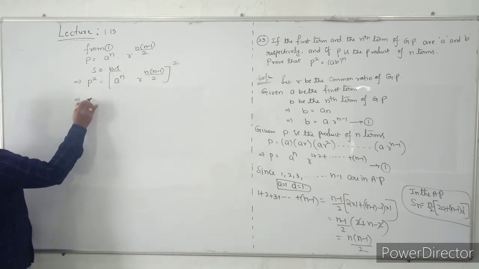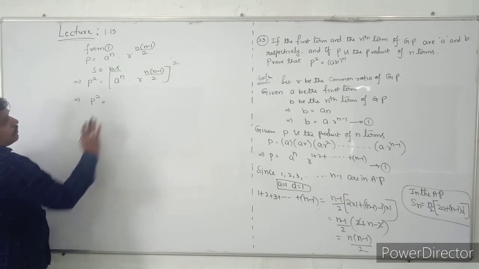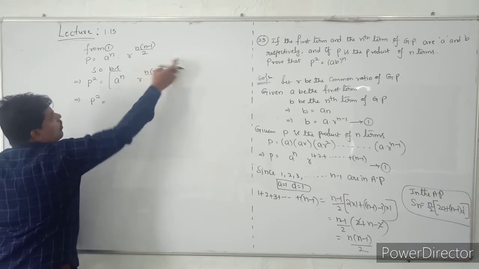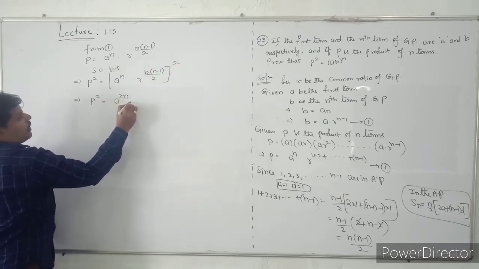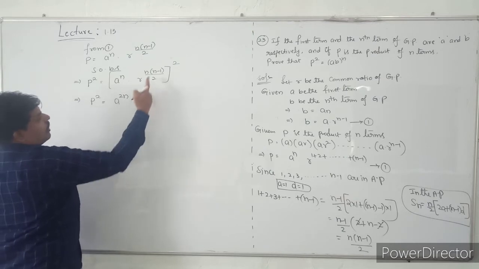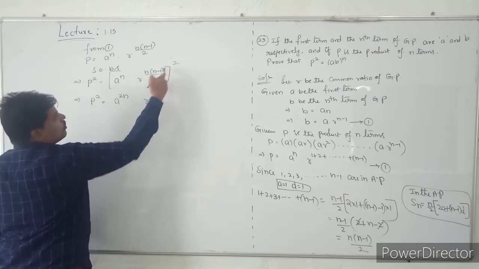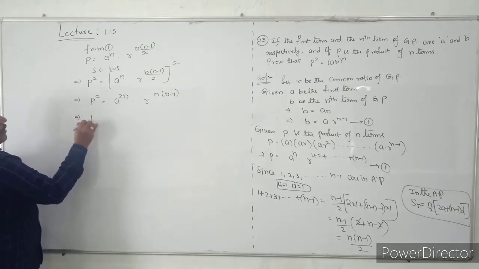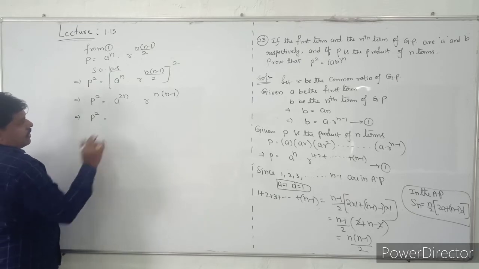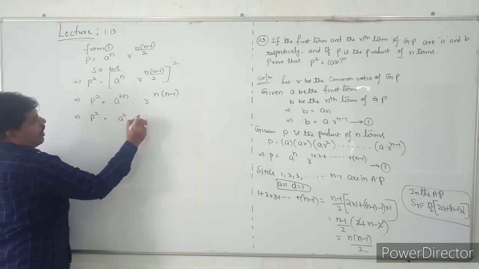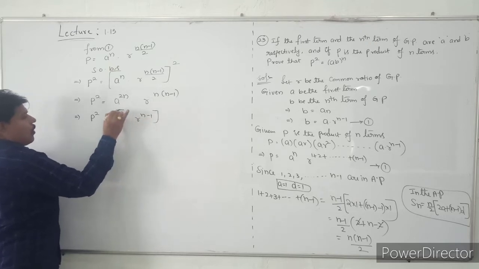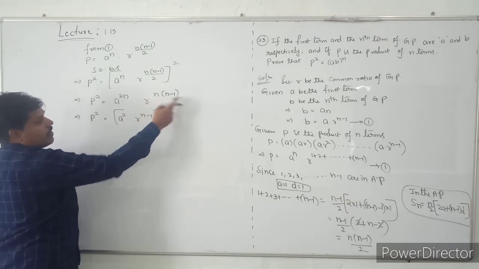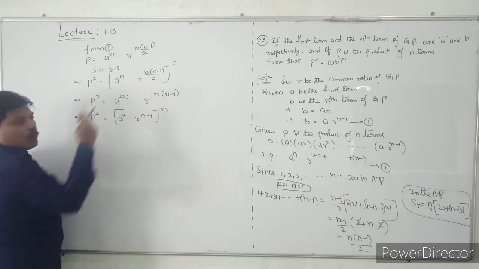So P square is equal to a power n whole square, which becomes a power 2n, into r power n into n minus 1 by 2 into 2. The 2s cancel, and it becomes n into n minus 1. So P square can be written as a square into r power n minus 1, whole power n, because a power 2n and r power n into n minus 1 both have the power n.